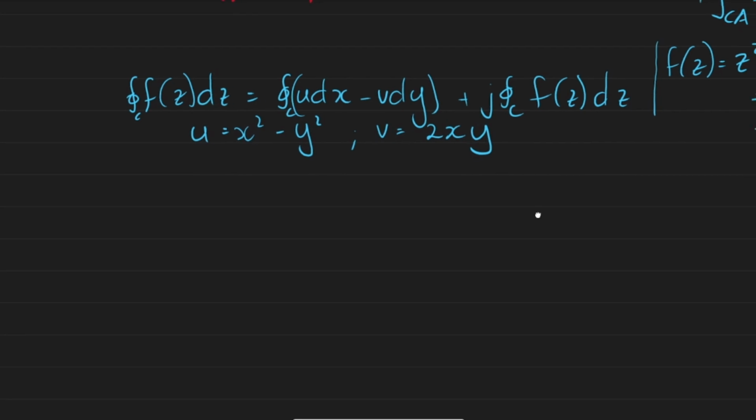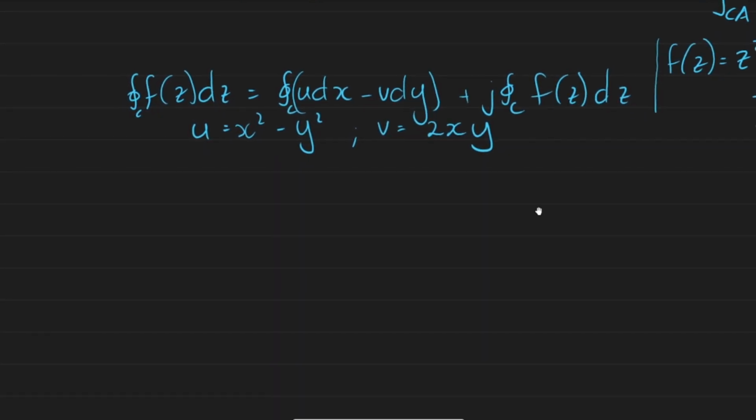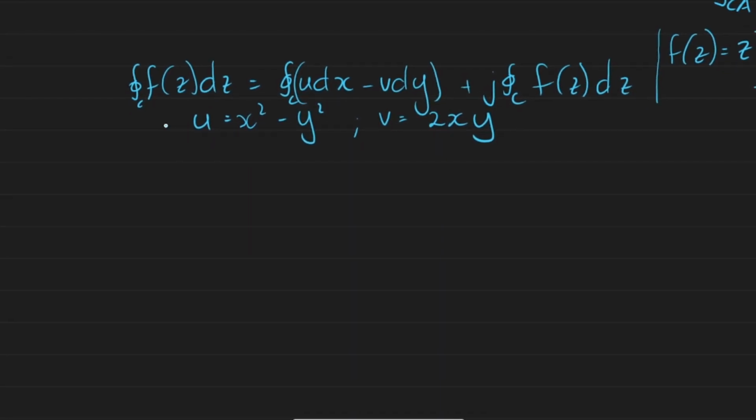Okay, so this is what we actually need. So we have the integral around C of u dx. So u is equal to x squared minus y squared times dx, then minus v, which is 2xy, dy.